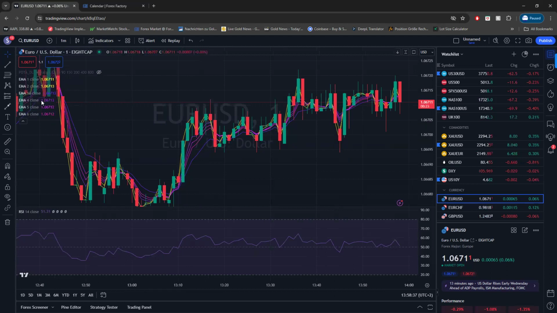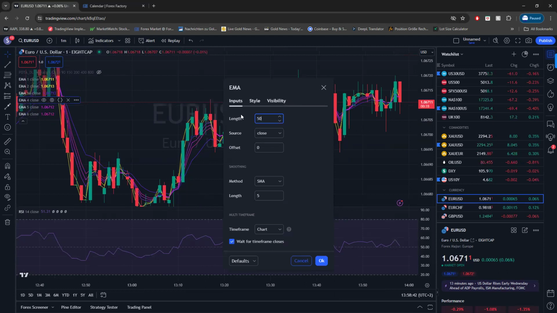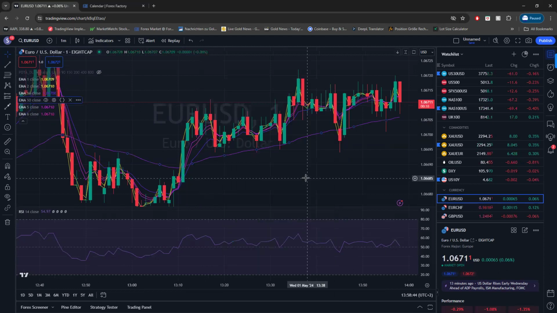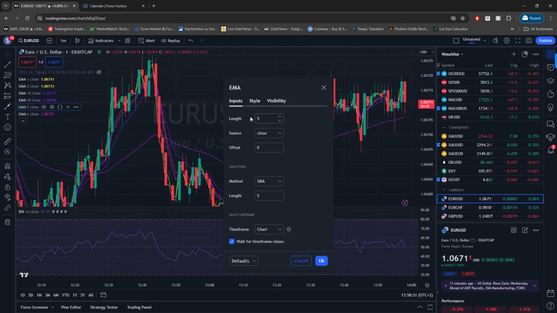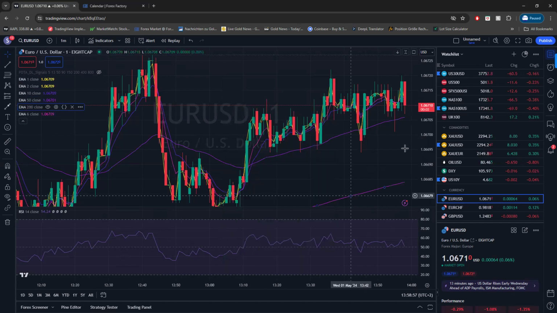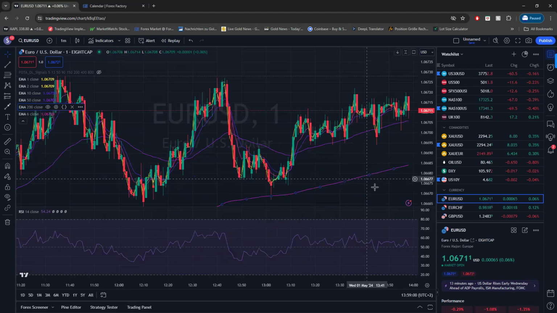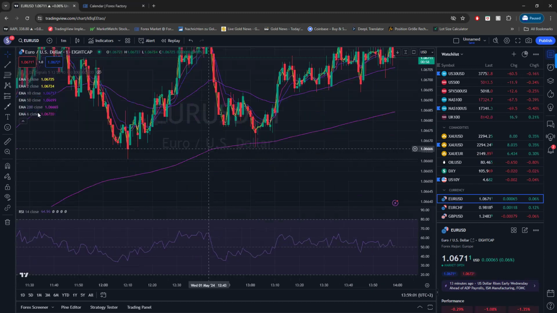Let me go to 4 and modify 4 to 50. 50, you see. This time around, it is further away. Let's go to 5 and modify 5 to, let's say something higher, 200. There you go. This is a 200. There you go.